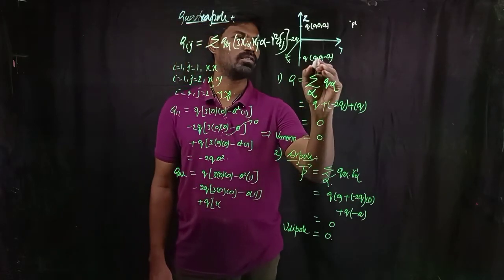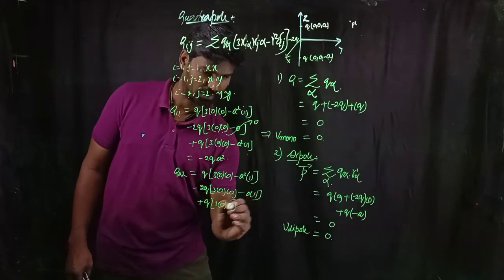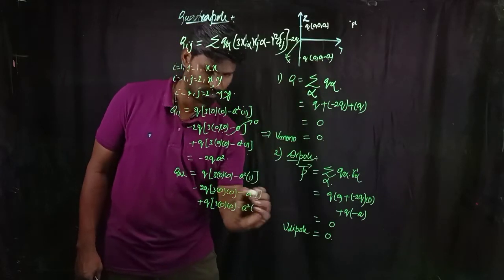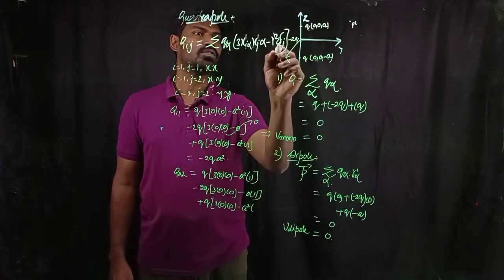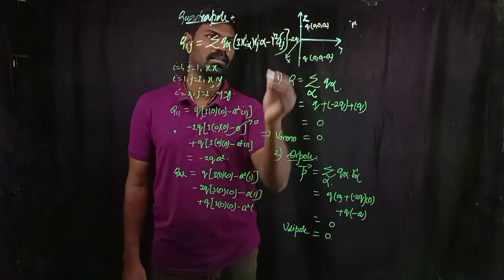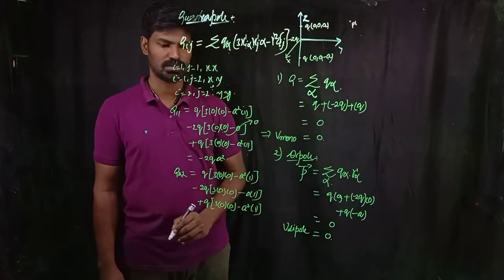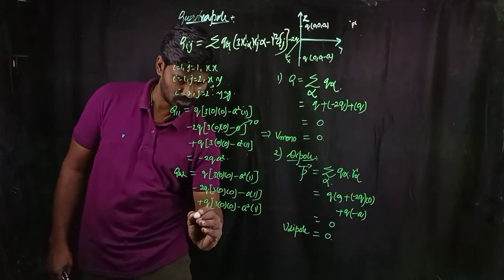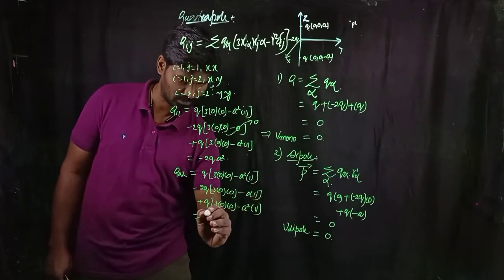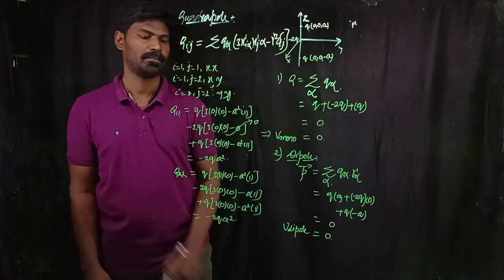What is the y coordinate of this charge? That is also 0. Everything is 0, minus r square, the distance from here to here is a, which is a square, into delta ij: when i equal to j, the same index, the value is 1. So what did we get for Q22? q into minus a square, q into minus a square, altogether minus 2q into a square.